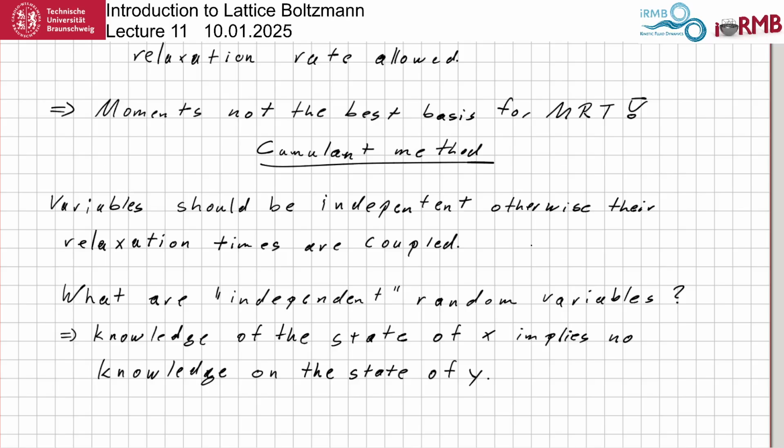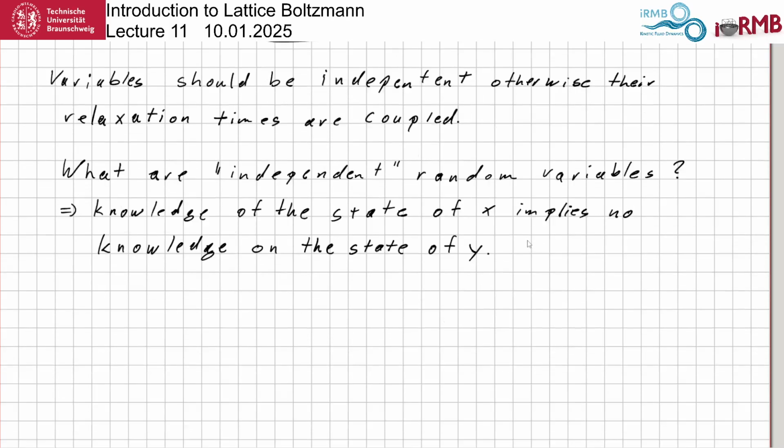Now we have to somehow find variables that have this property. For this, we recall how we actually build our moments. Recall the moment generating function. It was this Laplace transform as a function of the Laplace-transformed velocity space, because we have a distribution function in velocity space.